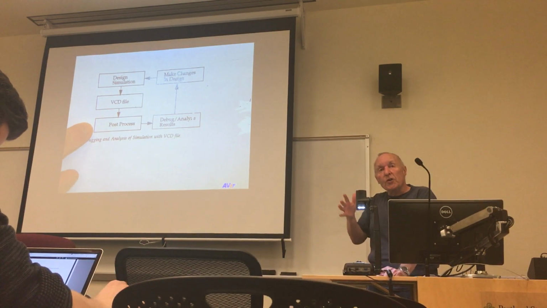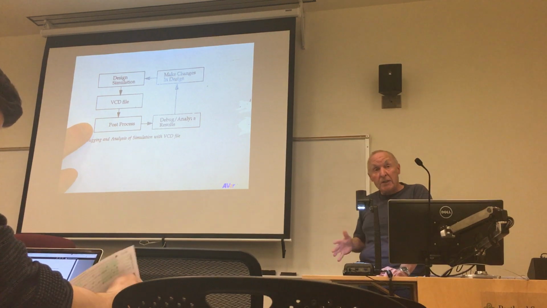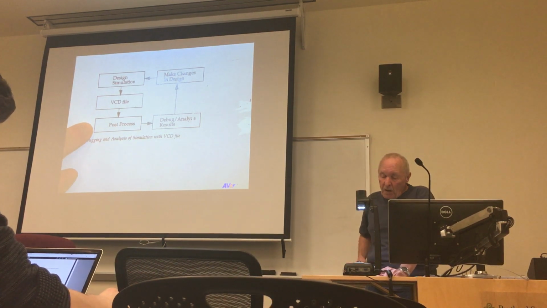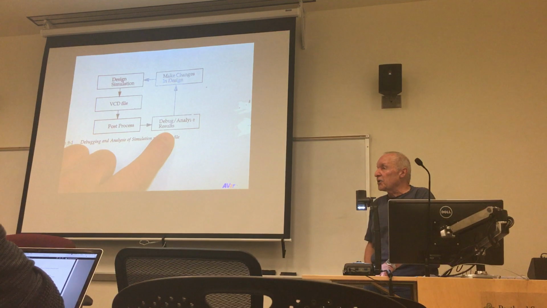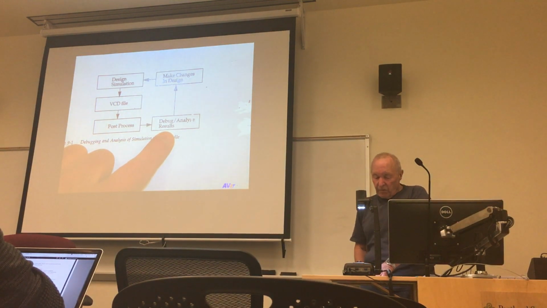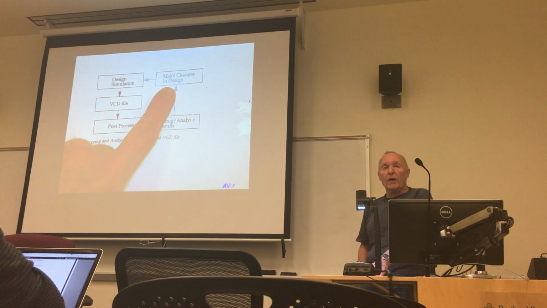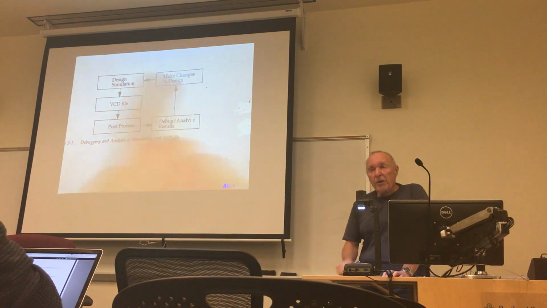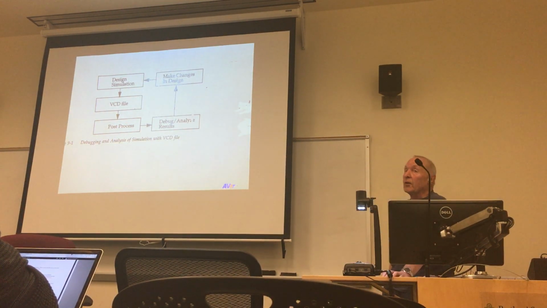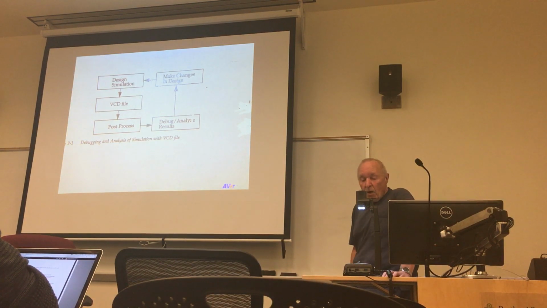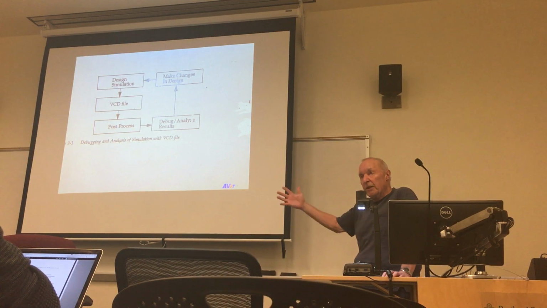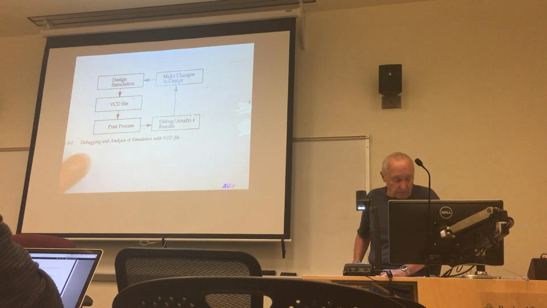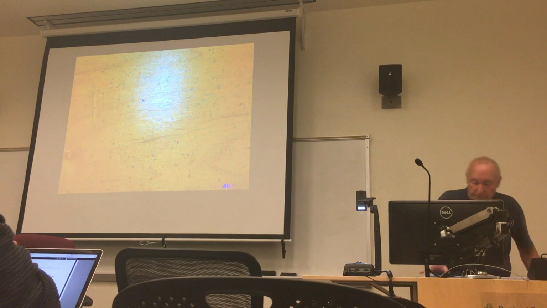They'll know what signals changed, what they changed to, and at what time, because it's timestamped. And then they can do analysis and debug and so forth. Then you make whatever design changes you need to based on those results and resimulate. So this is the loop that you would go through to functionally check out your design. Once the design is functionally checked out, then you can go on to the next phase, which would be the synthesis phase.